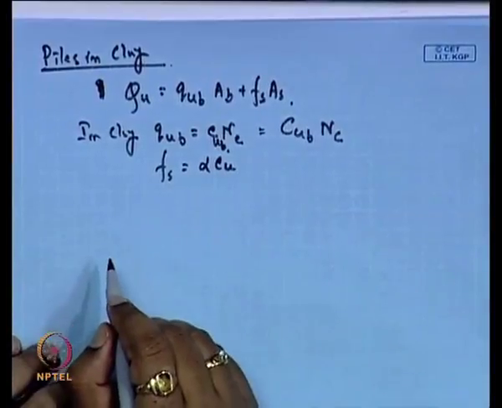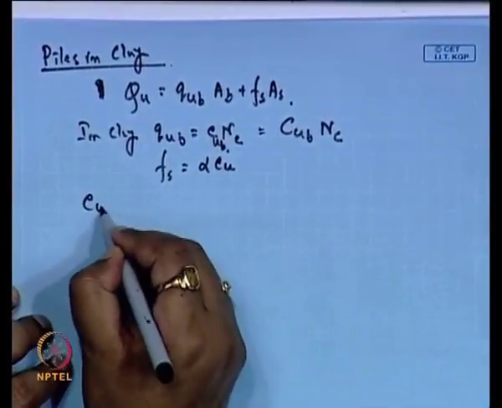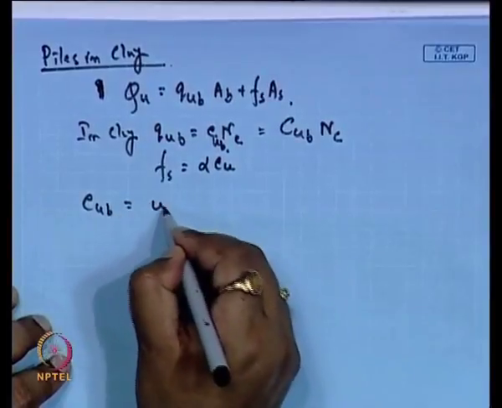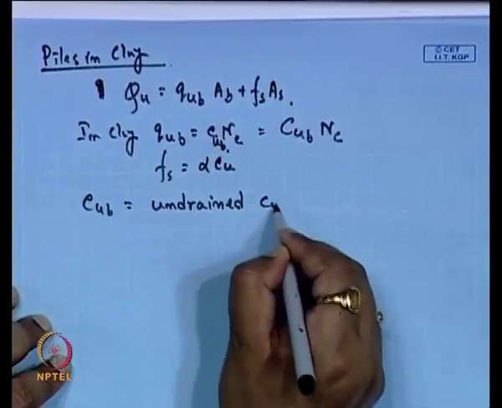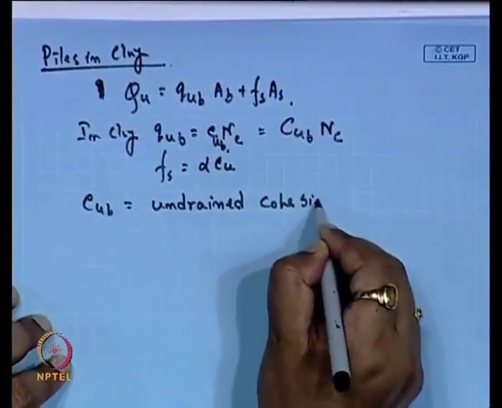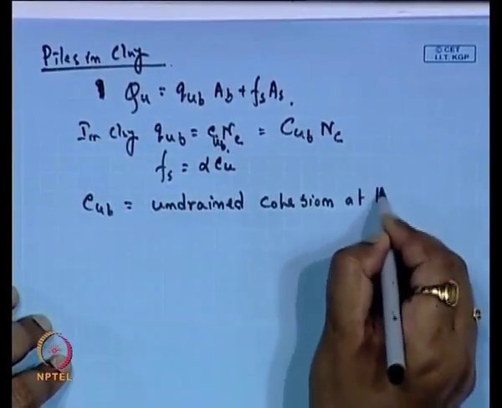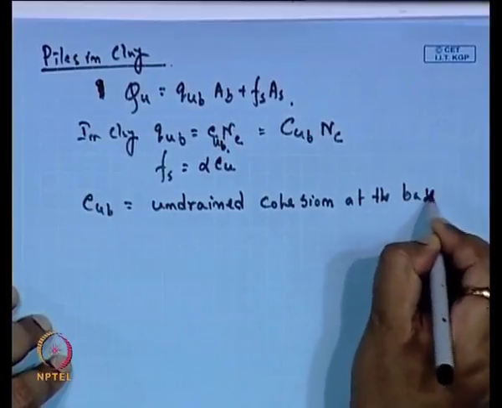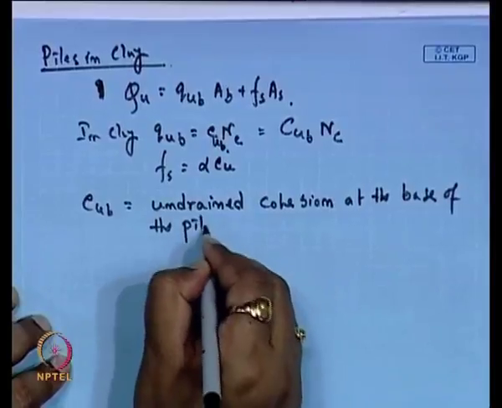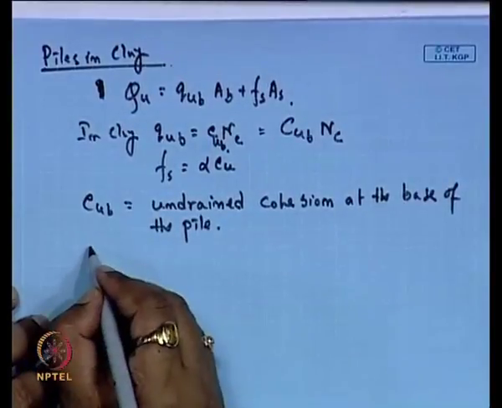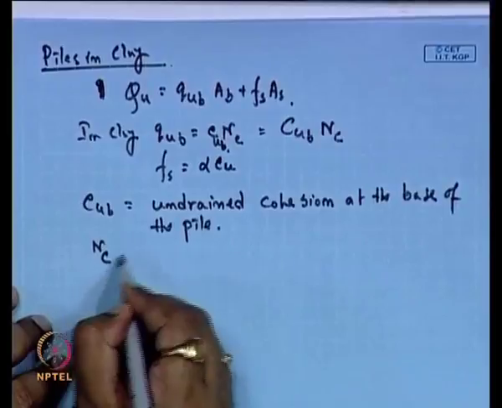where Cub is the undrained cohesion at the base of the pile, and Nc is the bearing capacity factor.